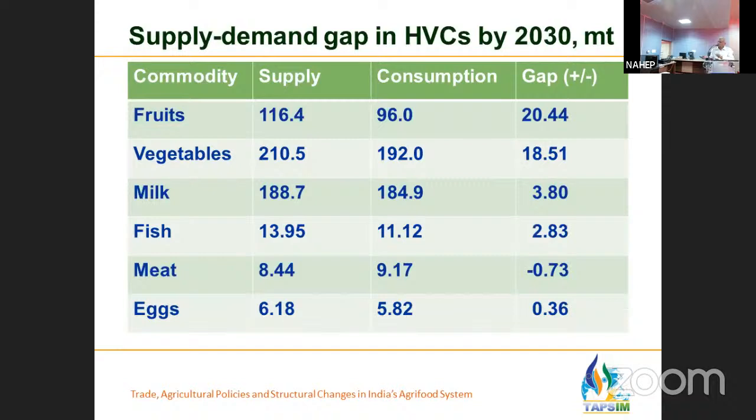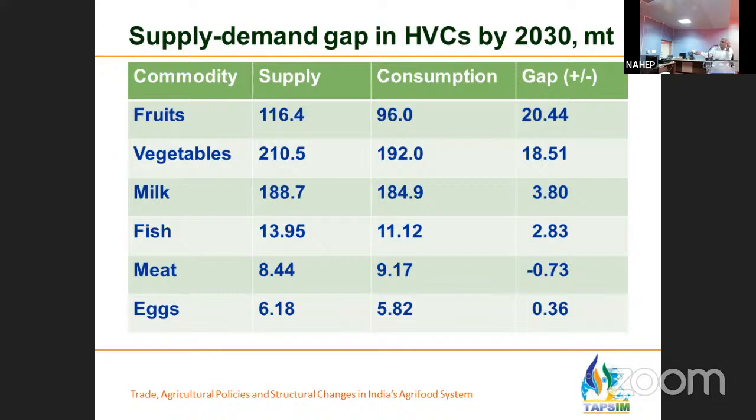Similarly on fruits and vegetables, here you see surplus. But once we take into account the post harvest losses, then we find we are in deficit. Here we are not taking into account the post harvest losses. Take 25% post harvest losses, then supply will be reduced by 25%.